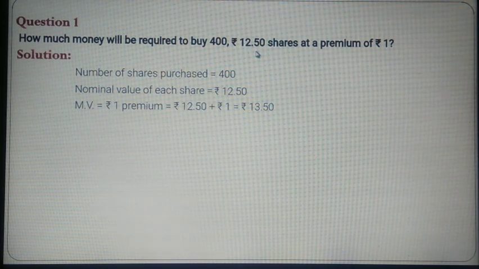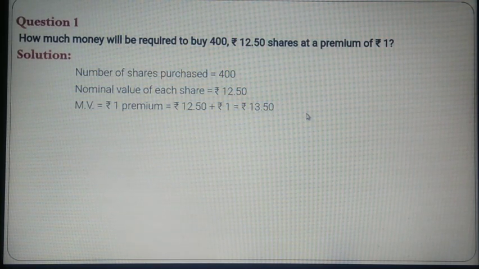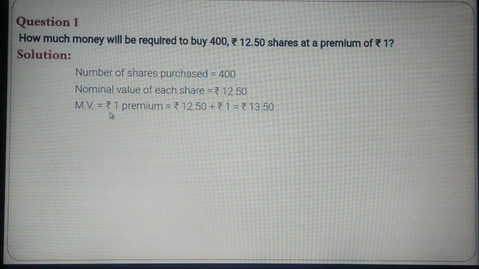Since it is a premium of rupees 1, the market value will be more than the nominal value, plus 1 more than the nominal value, which will be rupees 13.50. So far we have found our number of shares, nominal value, and market value.